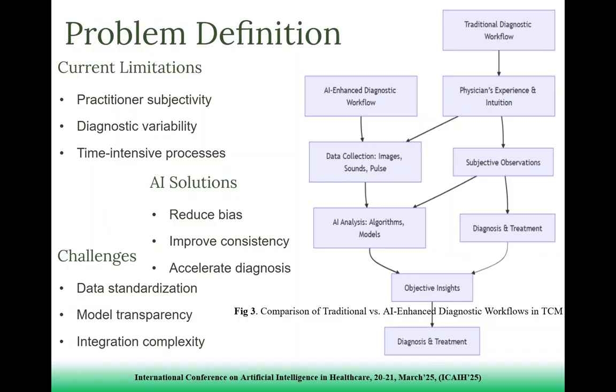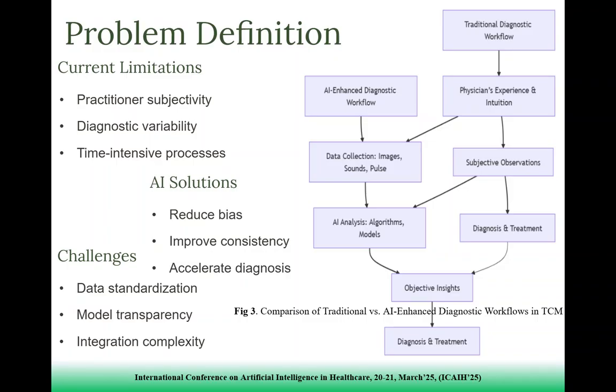But on the other side, the left-hand side of the figures on the slide, we see how we can integrate AI to support the practitioner in making diagnoses with accuracy, consistency, and also time saving.